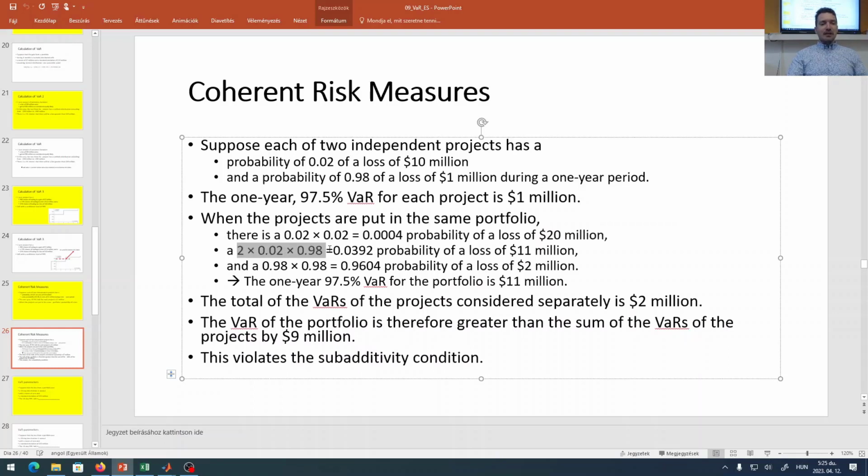But we have two cases when a loss and a non-loss or small loss scenario will happen. So this is the probability for the 11 million. And there is the good option where we have these two things together, so it's still 96% probability that there will be a 2 million loss.